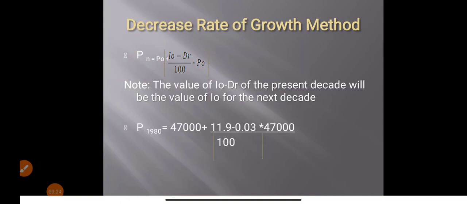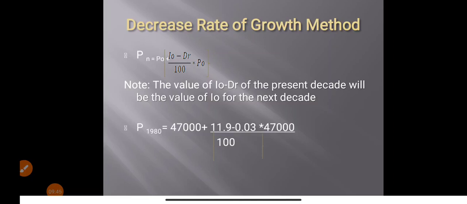So what is the formula for that? Pn, that is the future population, should be equal to P naught, where P naught is the previous decade, that means 1970.